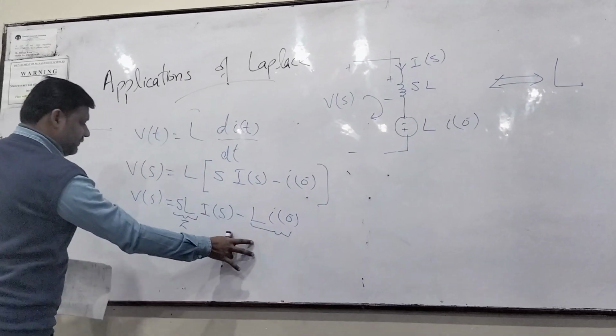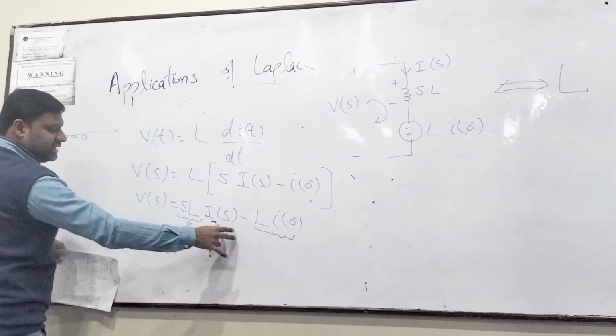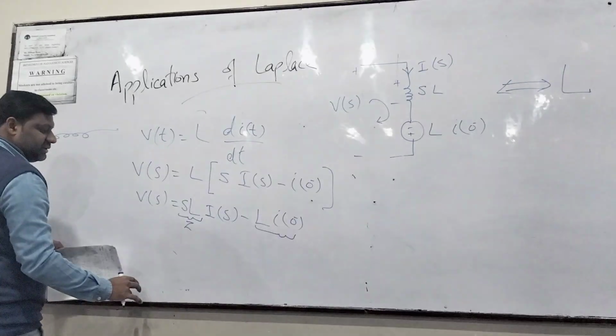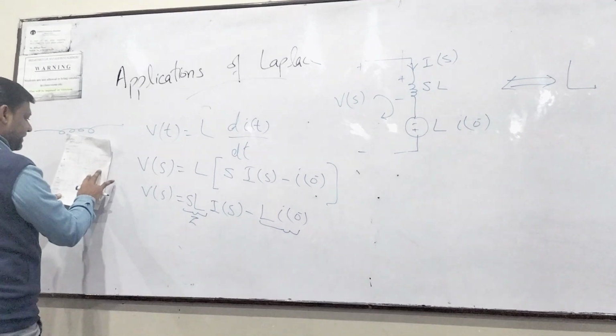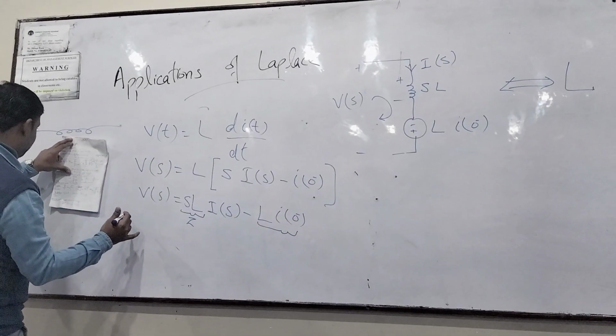The other way of that was the voltage equation. If we form a current equation, divided by SL, and rearrange, we will have the equation.